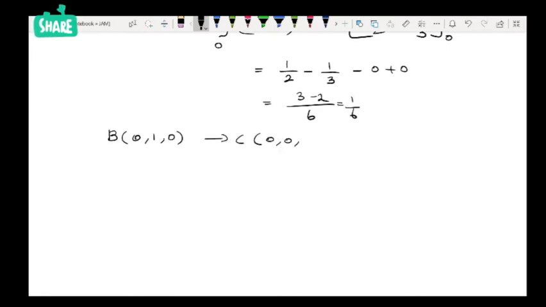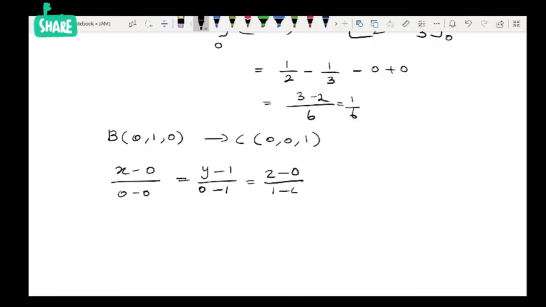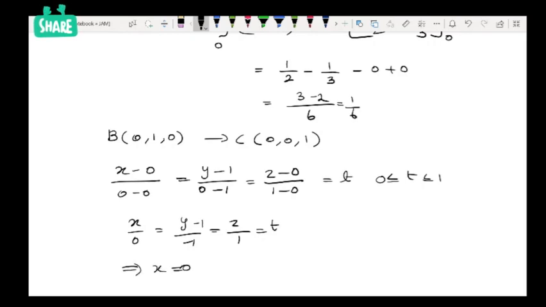The lines are x minus 0 by 0 minus 0 equal to y minus 1 by 0 minus 1 equal to z minus 0 by 1 minus 0, and t is from 0 to 1. After you simplify this, when you have the separate equations, you will get x equal to 0, y equal to minus t plus 1, z equal to t.